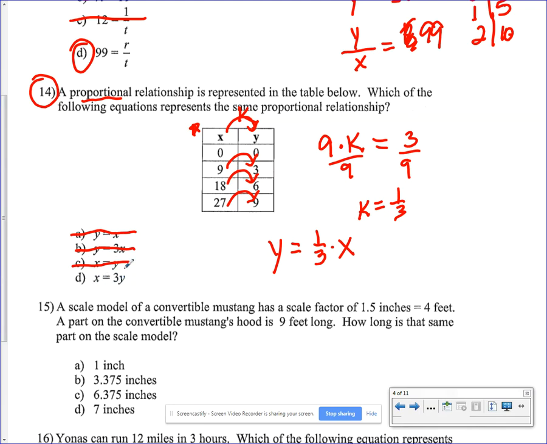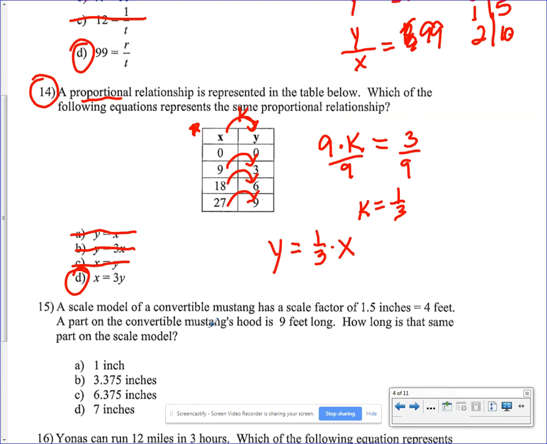Oh, they flip-flop the x and y around? Really? If I multiply both sides by 3 on this equation, I would get 3 times the y value gives you your x value. That one was a tricky question because it was a little backwards in how it was written. So that's why I wanted to make sure that we talked about that one.